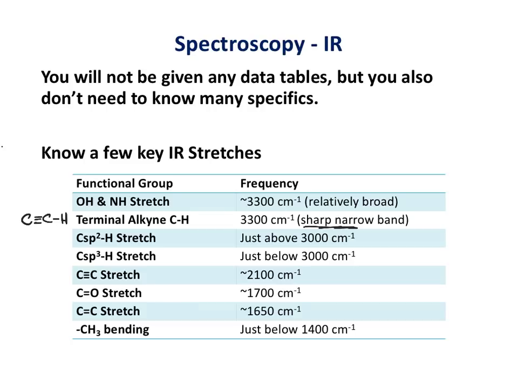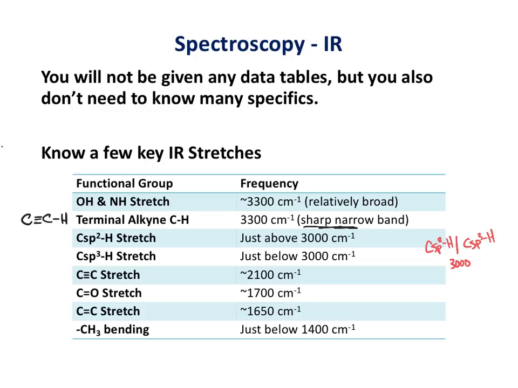Another good number to keep in mind: I say just remember 3,000. That's a great cutoff, because just below 3,000 are sp3 hydrogens, and just above are sp2 hydrogens.